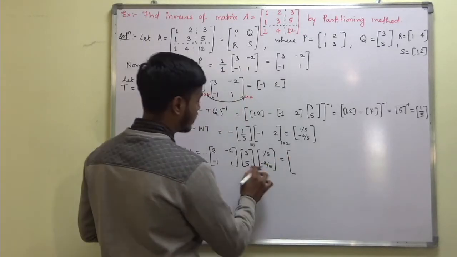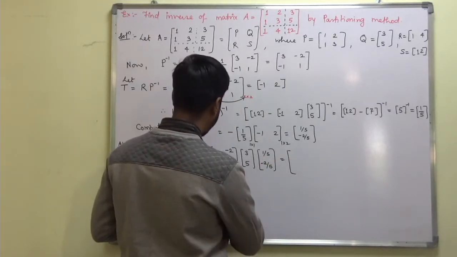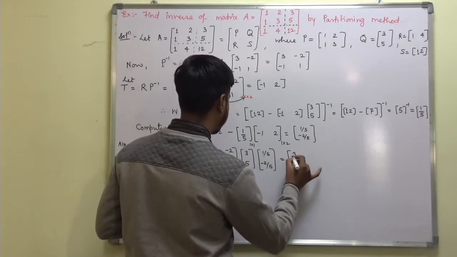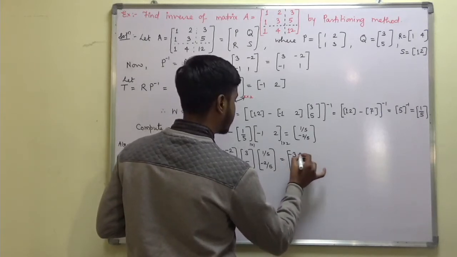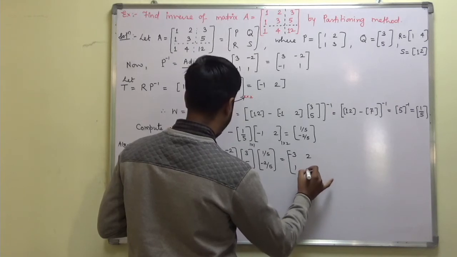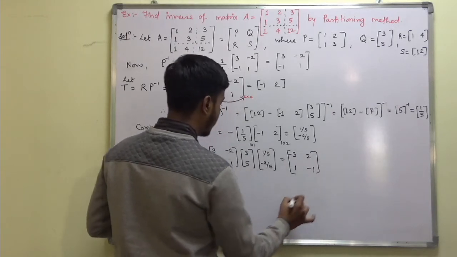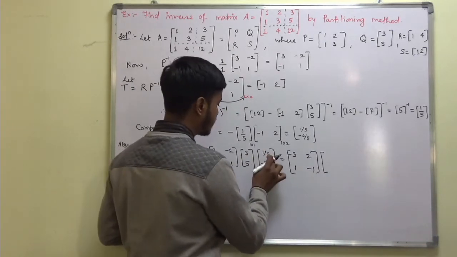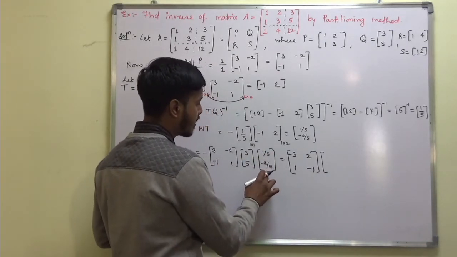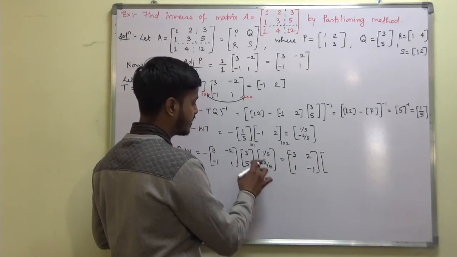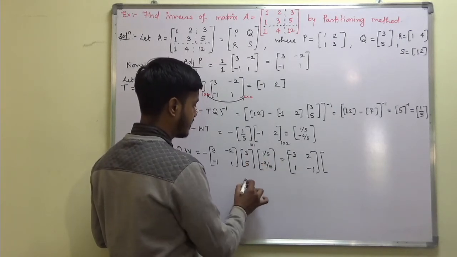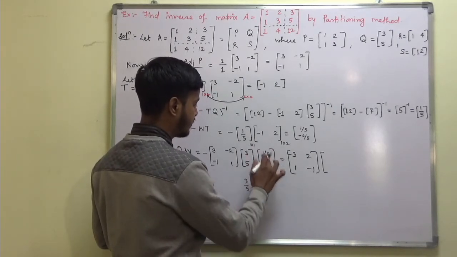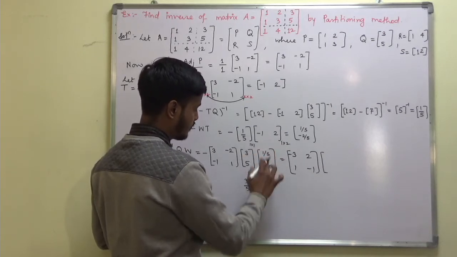Now you can solve this first and then this. So I am taking this minus inside. So this is 3, then minus 3, 2, 1, minus 1 into. Now multiply these two. Sorry, 3 by 5 minus 3 by 5.